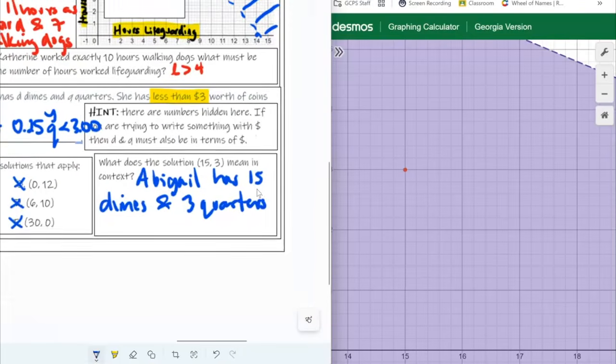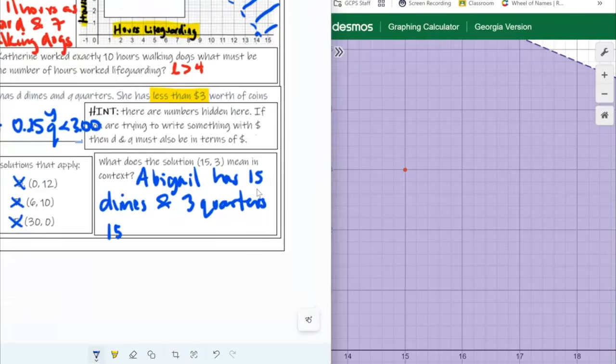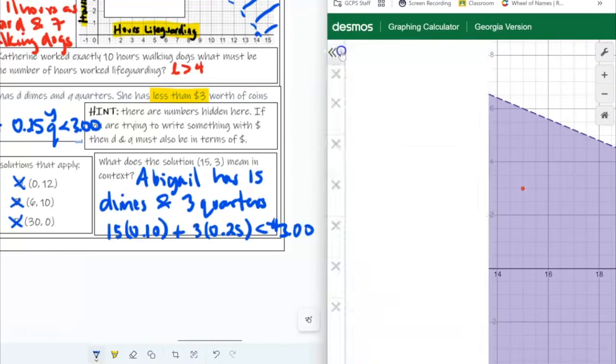Now we're going to make sure that this is true. Okay, so if we have 15 dimes, all valued at 10 cents, plus 3 quarters valued at 25 cents, is that less than $3? So that's the question that we're asking. Is it less than $3? All right, so I'm going to put that in the calculator real fast.